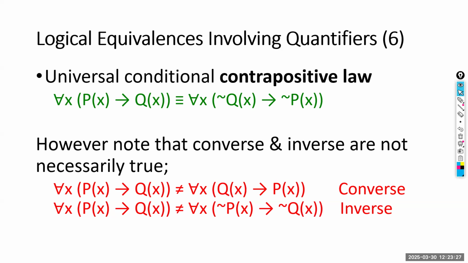So if someone says whenever p, it is q, for all possible values, whenever p happens, q happens. So that means whenever not q, it is not p. Because if p has happened, q has happened. So if q has not happened, it means p has not happened.